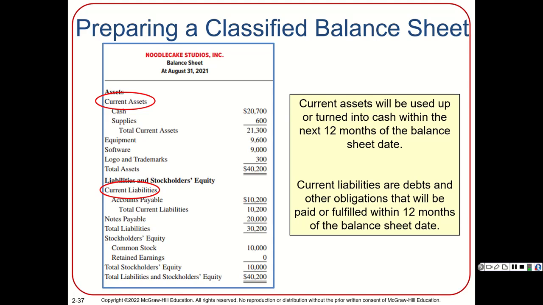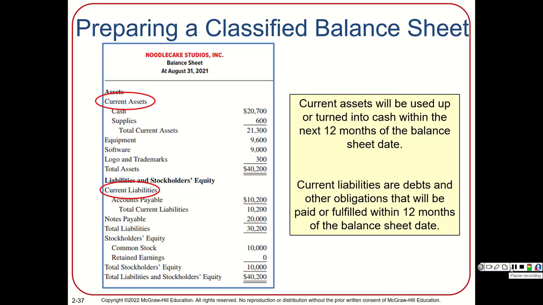Normally, you're not going to buy a whole bunch of supplies that last more than a year, so that goes into your current assets. Everything else pretty much is a long-term asset because these things are going to last longer than a year. Same idea with your liabilities. Your accounts payable and your promises to pay are going to be current because you expect to pay for them within the year. Your notes payable is generally long-term loans.